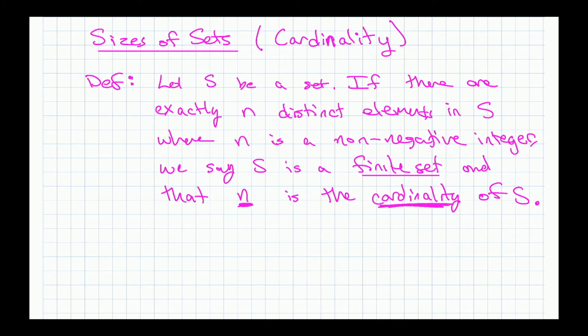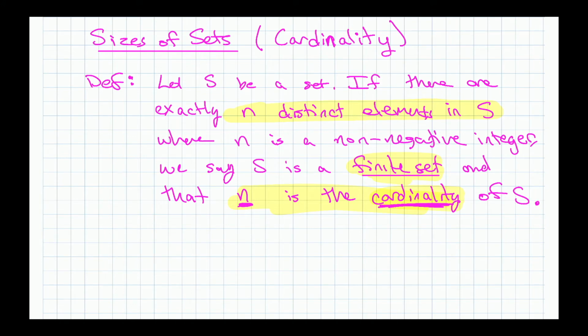All right, so let me highlight a couple things here. We have a finite set and we're talking about cardinality. Specifically, if there are n distinct elements, then n is the cardinality.